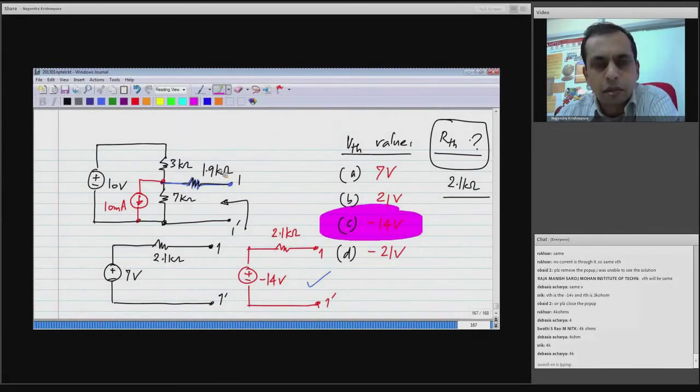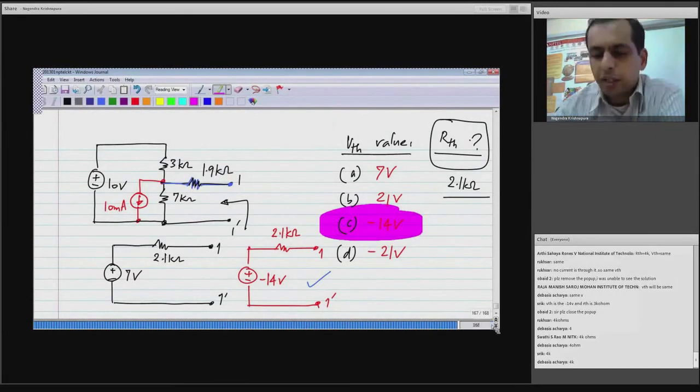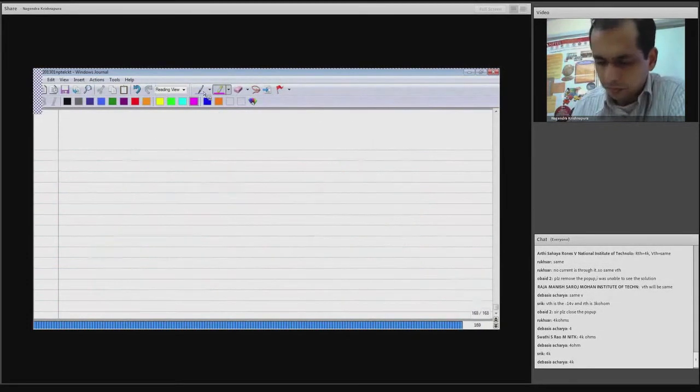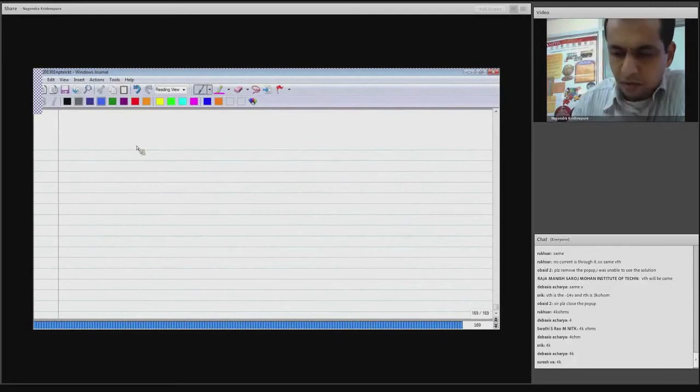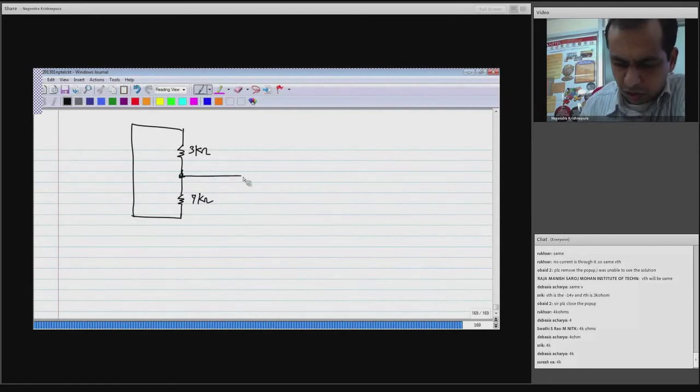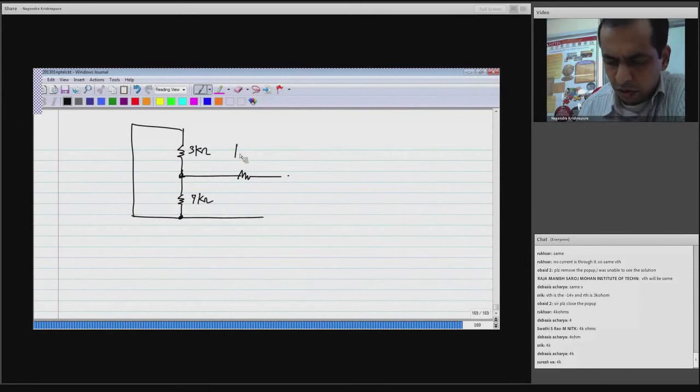So again, this is simple, because we have the 3 kilo ohm and 7 kilo ohm, and this 1.9 kilo ohm like that.